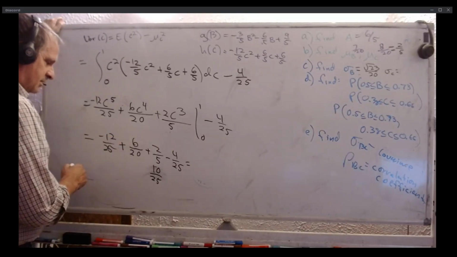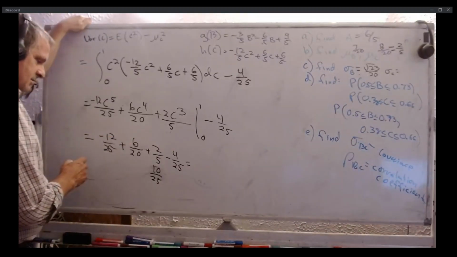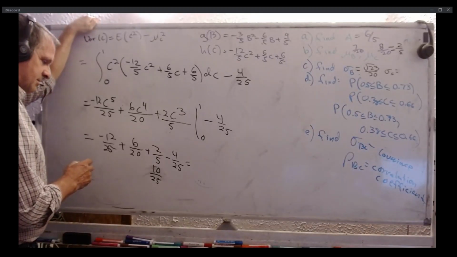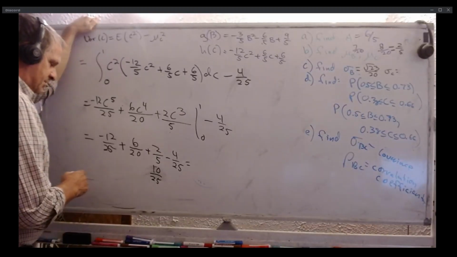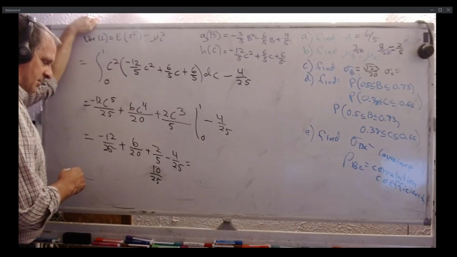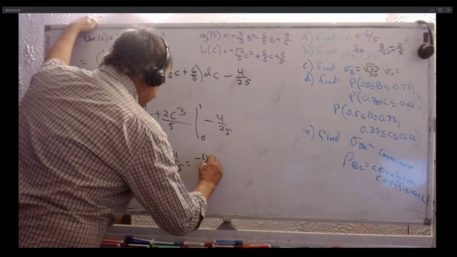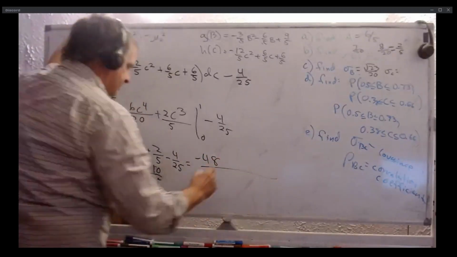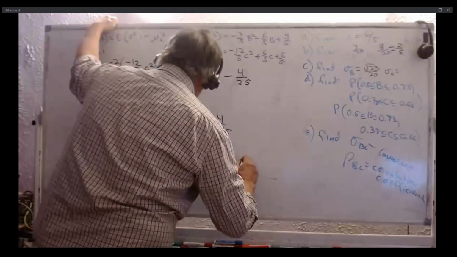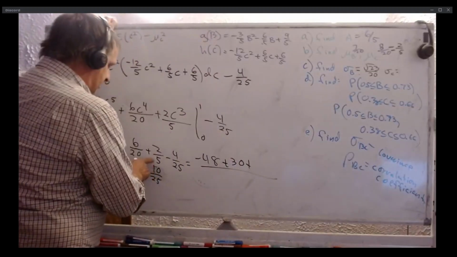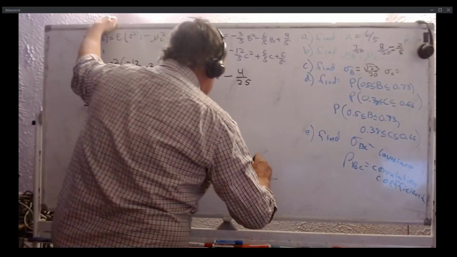Crud. All right. Easiest way to do this is make the common denominator 100. Well, in my book. Plus 30, plus convert this to 100. I think you get 40.